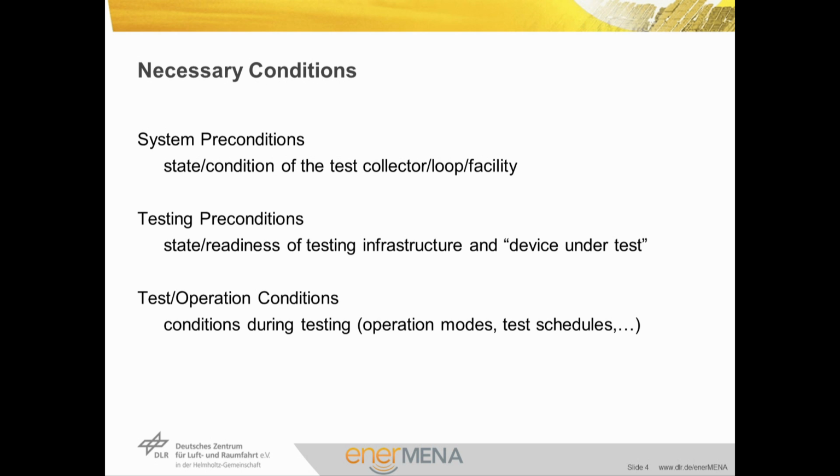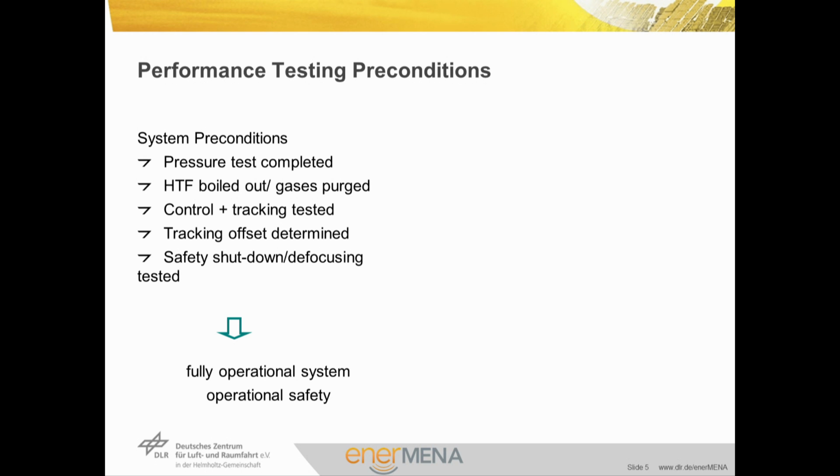System preconditions for performance testing include the completion of a pressure test of the HTF system for any new or modified installation. Adding new or replacing used HTF implies the need for boiling out in order to purge gases possibly contained. The control and tracking are to be tested to assure the desired operational functions during testing.